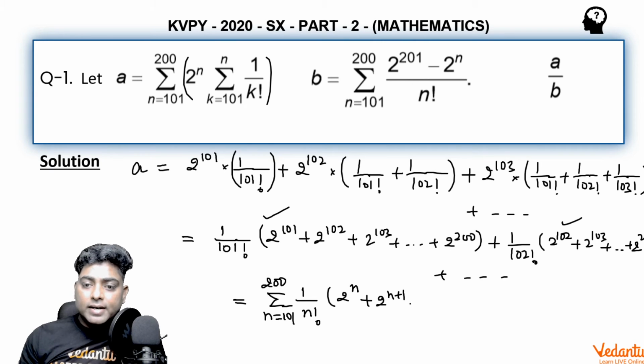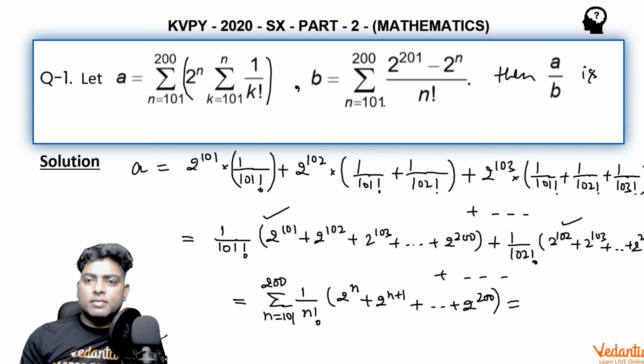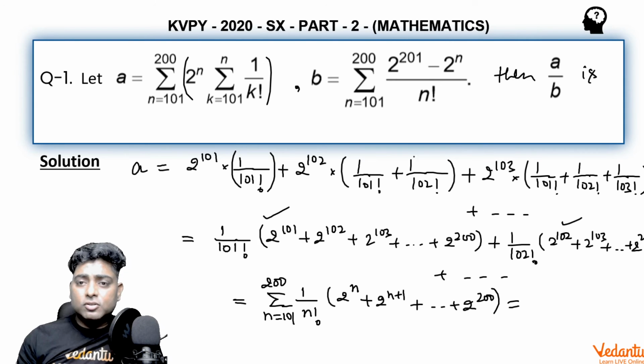When n is 102, the power of 2 will start with 102, and you will get the set of terms in the second bracket, up to 2 raised power 200. So actually b is given in this fashion now. We are collecting terms like this.